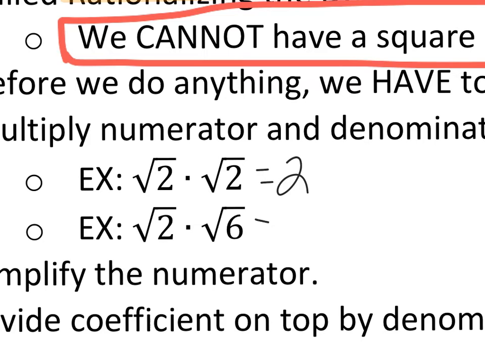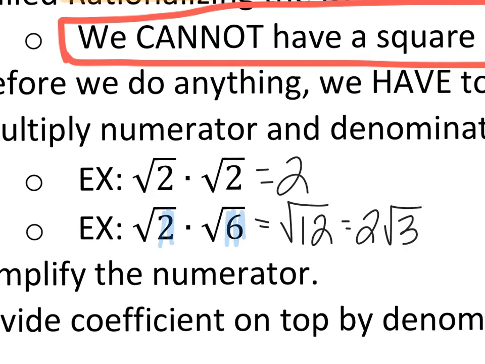It's different when we're multiplying things that have different square roots, so like this 2 and this 6, because then we're stuck with the square root of 12, which is 2 square root 3. Simplified.